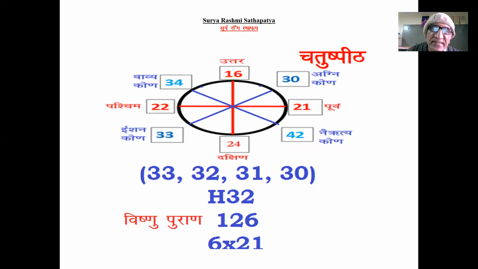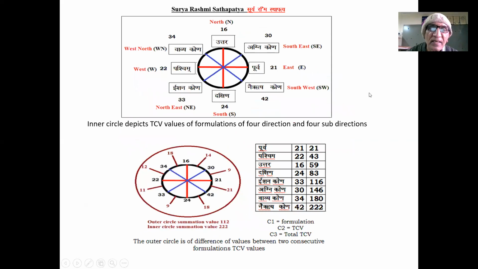With this insight, one can go a step ahead and revisit the inner and outer circle of this format, as this is the format of manifestation of transcendental code values of Ganita Sutras.